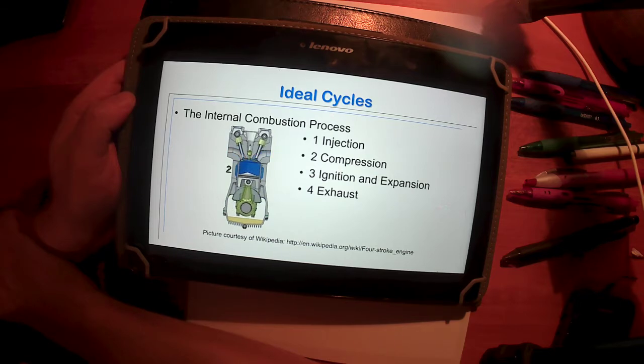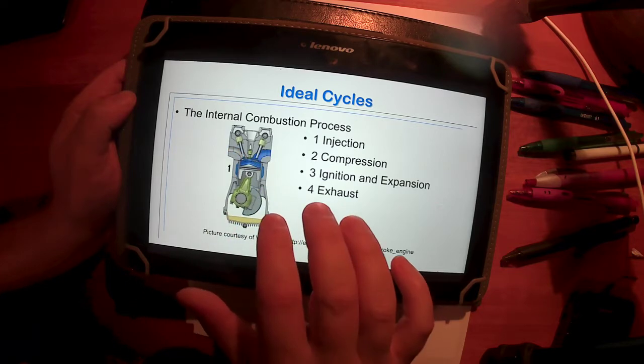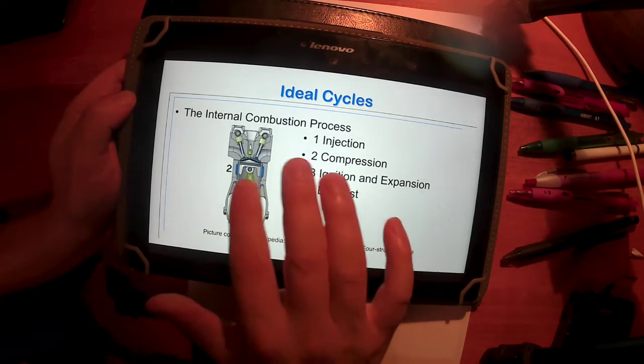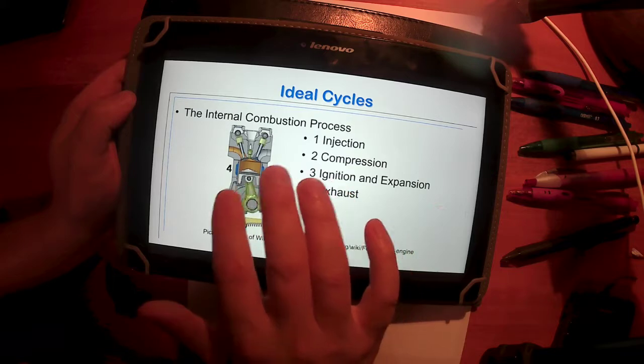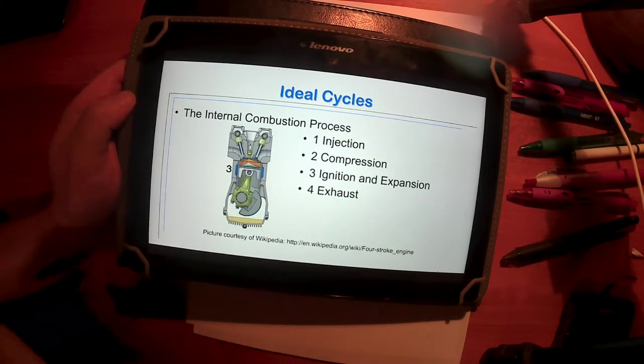If it's a small lawnmower or a weed eater running a 4-stroke engine, and it's only 1 cylinder, those tend to run at a high RPM, rotations per minute, because if you only have 1 cylinder or 2 cylinders, you're relying on the inertia of this rotation to continue the cycle.